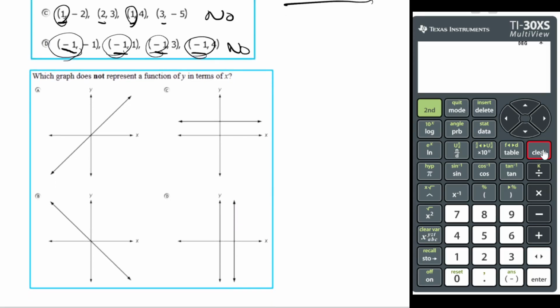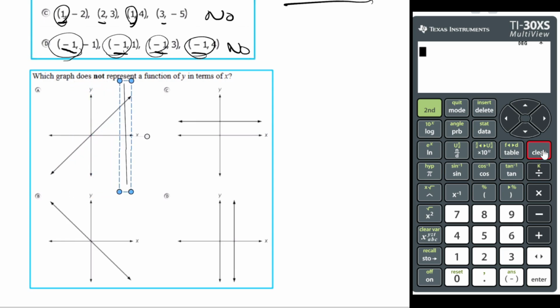Which graph does not represent a function of y in terms of x? So for a function on a graph, the way you check this is via the vertical line test. You take a straight vertical line and run it from left to right over your graph.